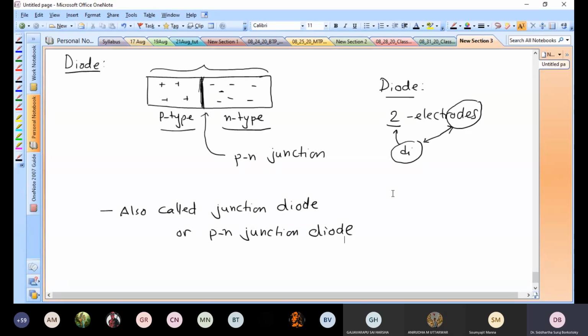This sort of arrangement gives rise to certain electrical properties that you cannot achieve in a pure conductor, for example a piece of copper. This diode gives the entire entity some directional properties, as we will see in the next class. Today we are not going to get into the functioning of that. I just wanted to introduce what a diode is.